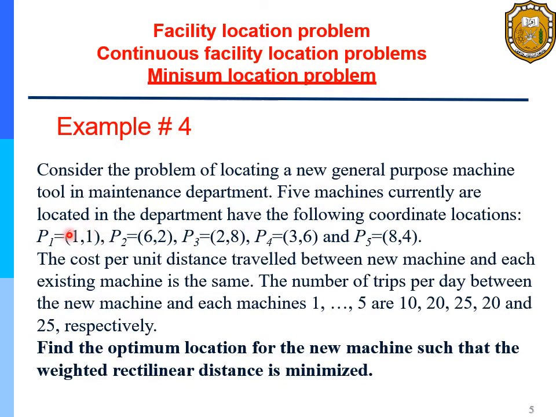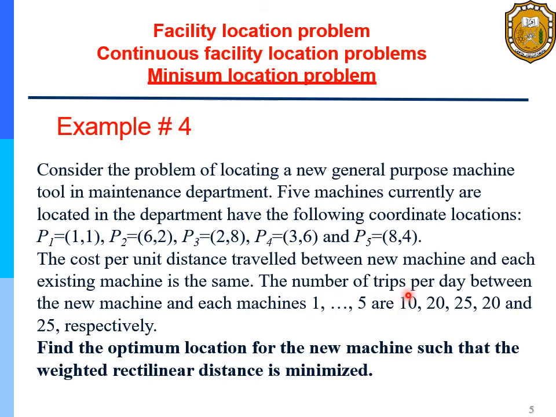The first machine is on coordinate x is 1, 1, the second one is 6, 2, and etc. It says that the cost per unit distance traveled between new machine and each existing machine is the same. The number of trips per day between the new machine and each of these machines 1 up to 5 are different. And they are given like this.